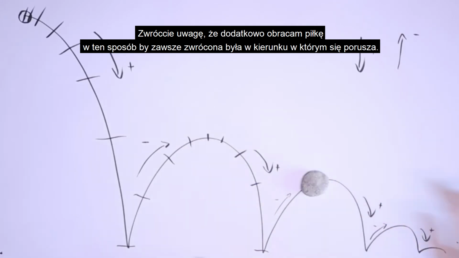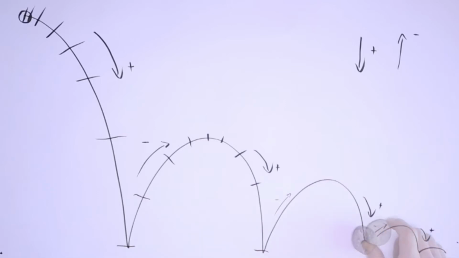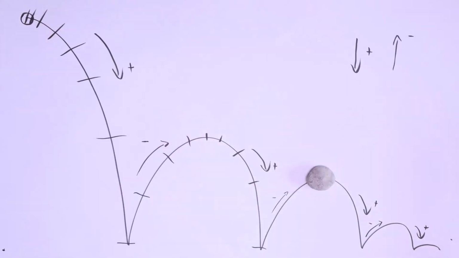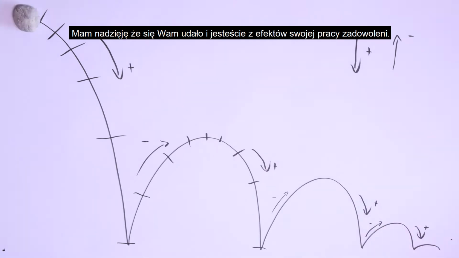So I'm trying to rotate it in such a way that it's always pointing in the direction of its movement. I hope you did well and you're satisfied with your work.